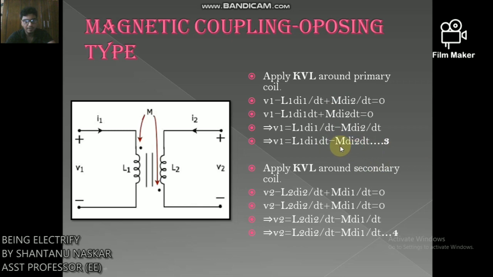This is equation 3. Now applying KVL around the secondary coil. V2 minus L2 di2 by dt plus M di1 by dt equals 0. Then V2 equals L2 di2 by dt minus M di1 by dt, which is equation 4.